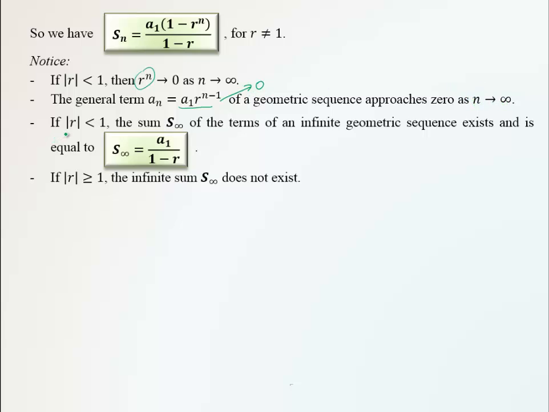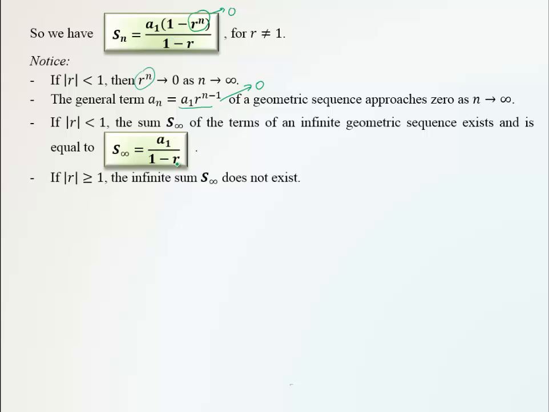And also, we can talk about infinite sum. The infinite sum will exist because, imagine this part is going towards 0. So 1 minus very, very tiny thing is nearly 1. So overall, if n goes towards infinity, we can talk about the infinite sum of a geometric series, which is actually just the first term divided by 1 minus r, because we can assume that this bracket in the numerator is 1.